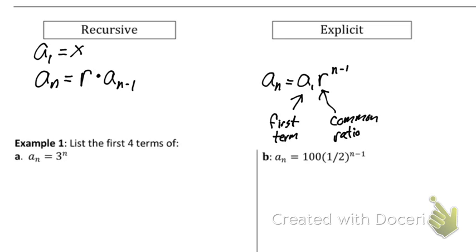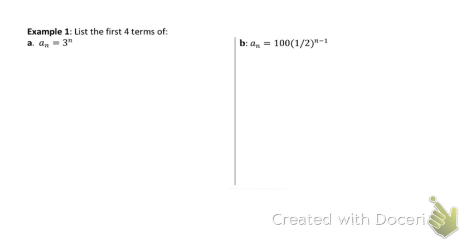All right, let's move on to some examples. This one says, list your first 4 terms. I want to stop there for a second. You didn't have to, but I'm looking at this 3. That 3 just has a power of n to it.